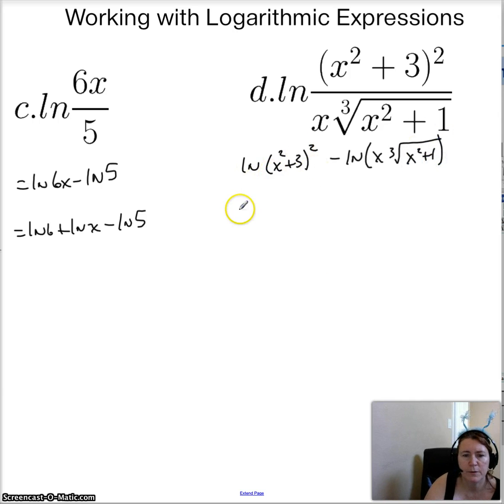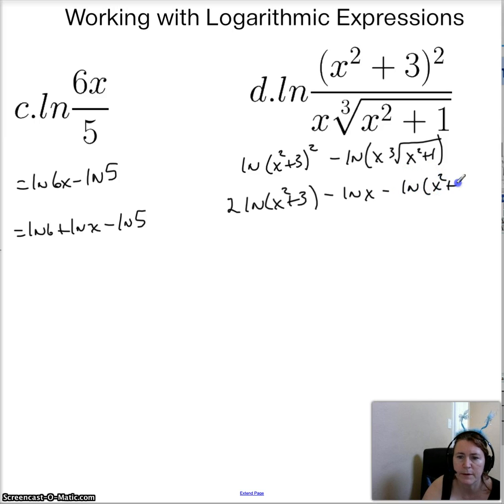Now we can use the power rule. This is twice the natural log of x squared plus 3 minus the natural log of x minus the natural log of x squared plus 1 to the 1/3. I'm going to go and change that power. They're both minus because I've got the negative there.